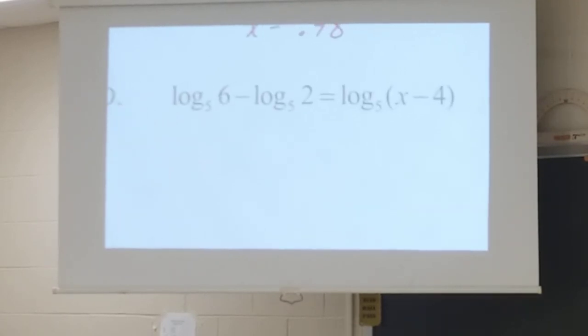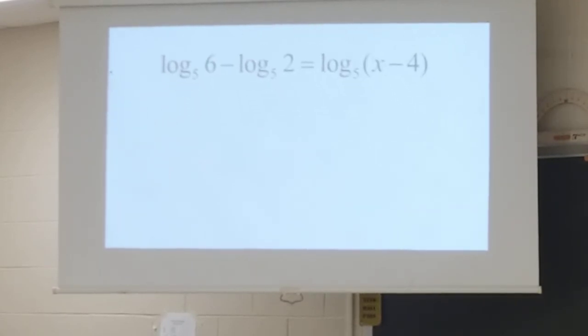Okay, and then letter D, honestly, it's of the same variety, but I just want to make sure that people aren't doing any bad habits. A bad habit here would be to see a 6 and a minus and a 2, and somehow you do 6 minus 2 and you get 4. But it's not 6 minus 2. It's actually 6 divided by 2.